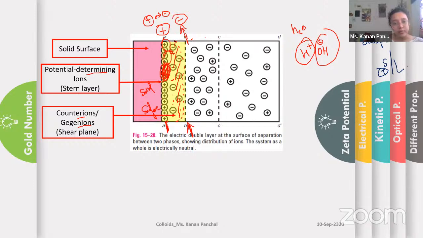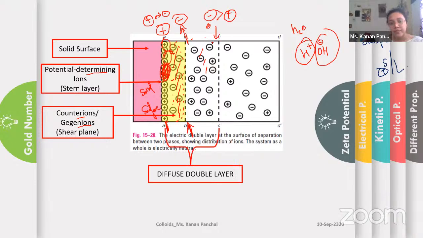Now, when you move a little far away from the shear plane region, you will have a region where there will be both negative and positive, but there will be more negative. Both these layers become the diffuse double layer.